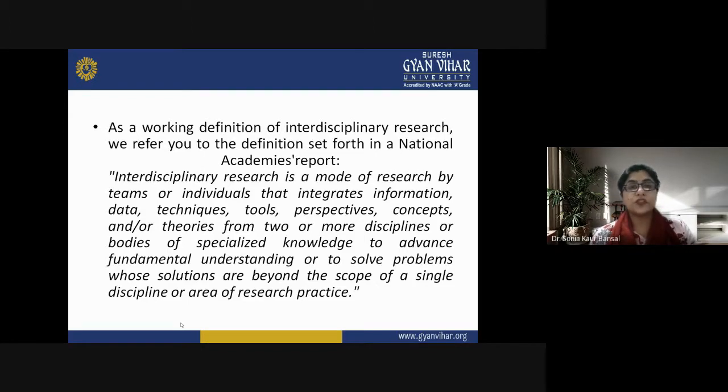When it is not possible to solve those problems within one discipline, then we broaden the horizon and go to another discipline also, or the area of research practice.